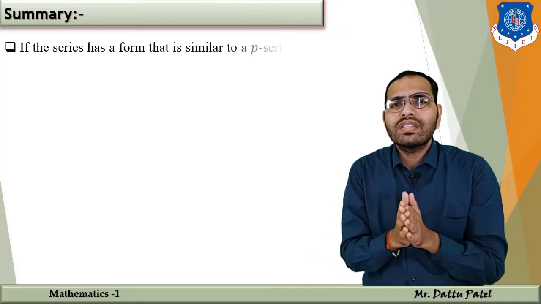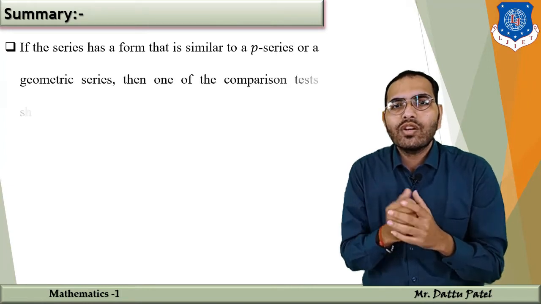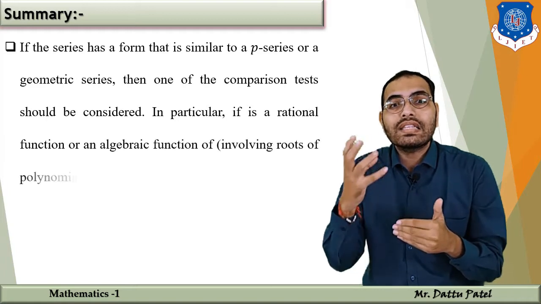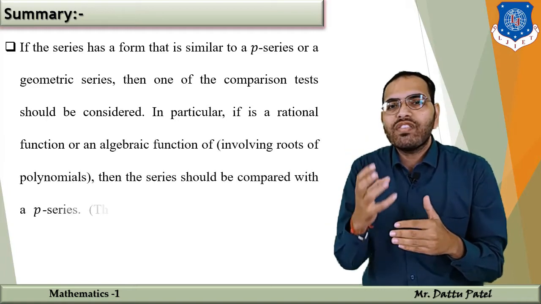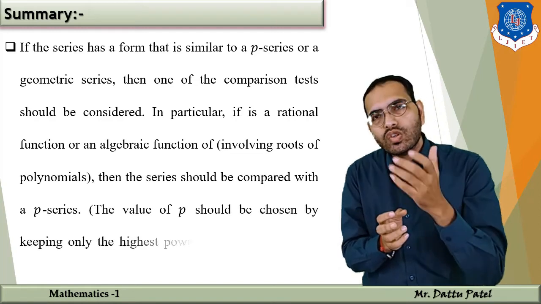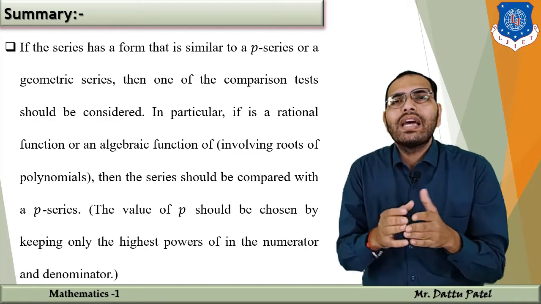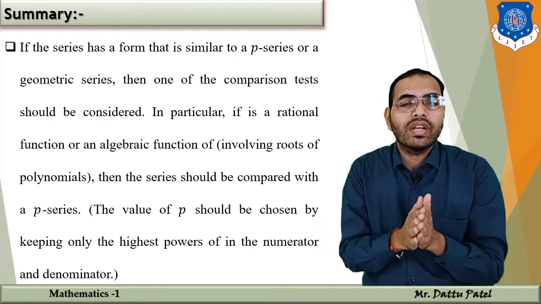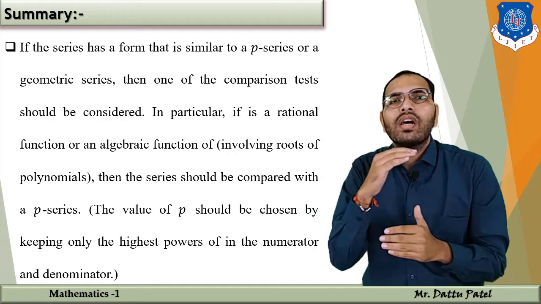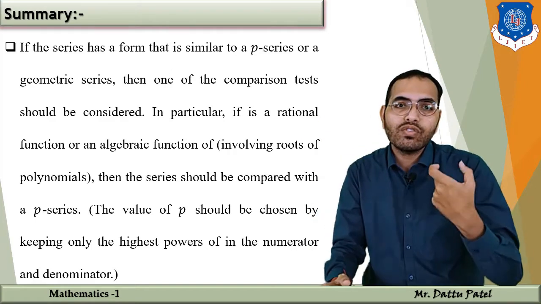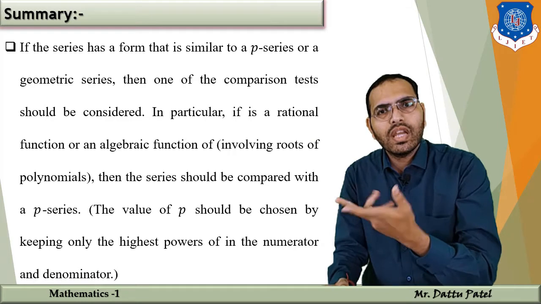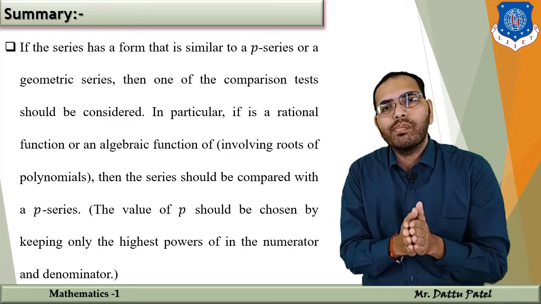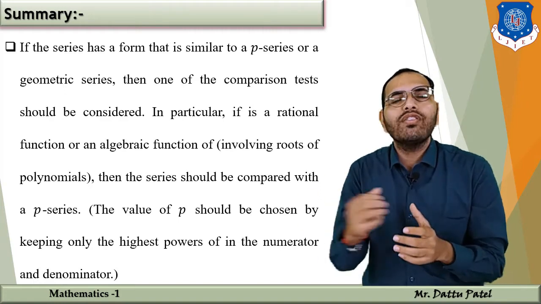Now, if the series is similar to a p series, or in the form of a rational or algebraic function involving roots of polynomials, that means different powers of n in the numerator and denominator, such as n square plus 1 upon n raised to 5 plus n square plus 1 plus 3, whatever, then for this type of question we apply the comparison test.